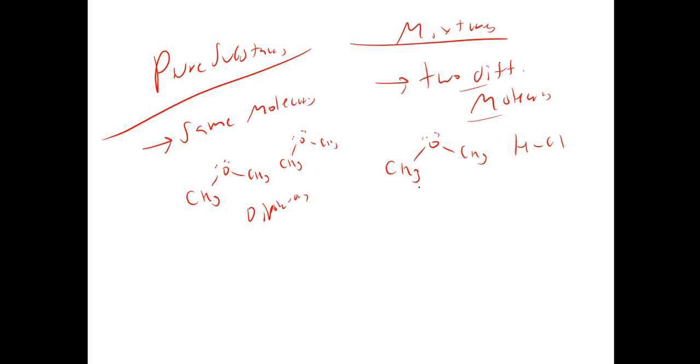So I assess them separately. The one on the left is going to be dipole-dipole, which we already figured out. And then the one on the right is going to be dipole-dipole. So that's considered a mixture. And we can actually extend this and go by the like dissolves like rule. Dipole-dipole, dipole-dipole, that's both polar and polar, and they'd actually mix together.